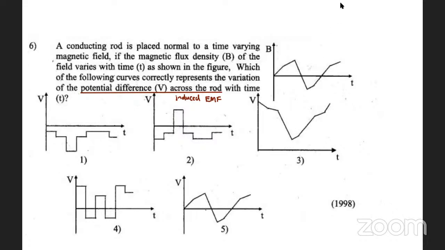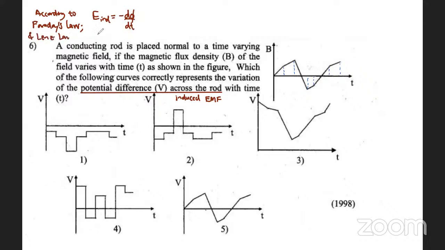First and foremost, they have given us the B versus time graph. So we have to draw the dB versus dt graph. Listen to me carefully. According to Faraday's law, what is the equation? Induced EMF is equal to minus d phi over dt, because when you draw the graph, you have to consider that minus also, according to Faraday's law and Lenz's law, both.